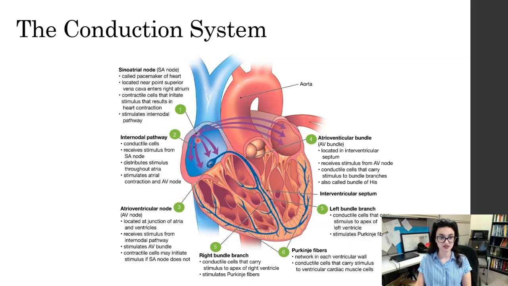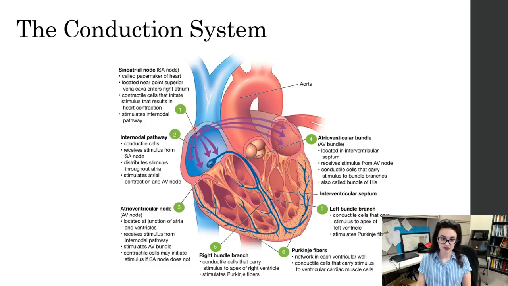So let's start here at the sinoatrial node. This is called the pacemaker of the heart because it controls when everything else is going to pump. You can follow the signal from the sinoatrial node. It's located in that right atrium. It's also why I like starting in the right atrium when talking about plumbing, because it follows the conduction system quite well.